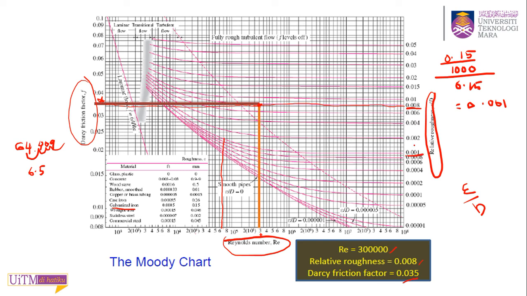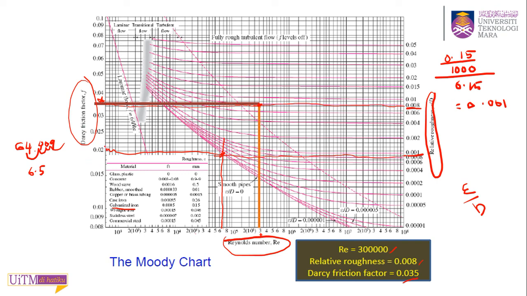So you draw your line to the left, sorry, let me make it straight, and intersect with your Reynolds number, and keep following your line until you get your Darcy friction factor here.